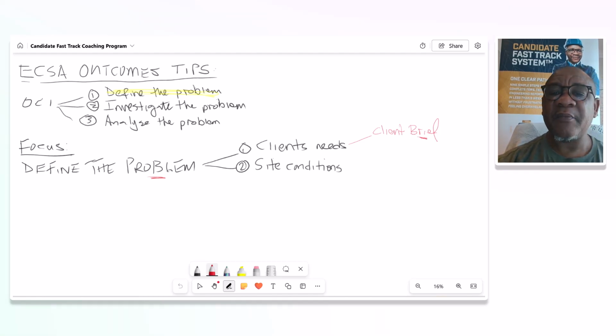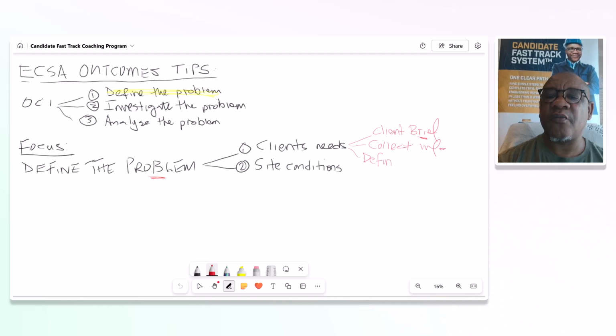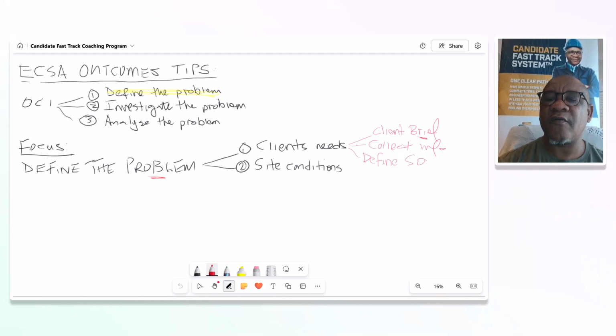The other important thing here, guys, is to show the information that you have collected. Once the client tells you the brief, collect the information around that problem. Understand what the problem is all about, and after that, define the scope of work.